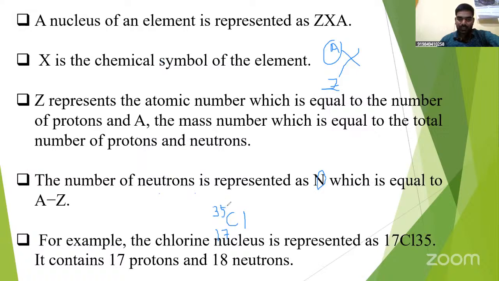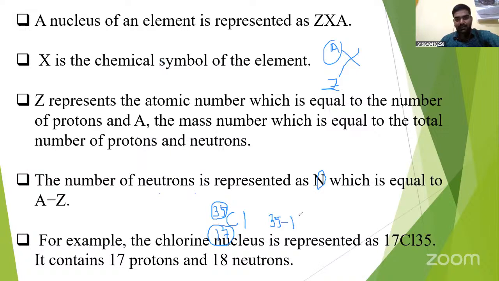It indicates that 17 is the number of protons present in the nucleus, and the number of protons plus neutrons is 35. So how many neutrons are there? We subtract Z, 17, from A, 35. If you subtract 35 minus 17, you get 18.